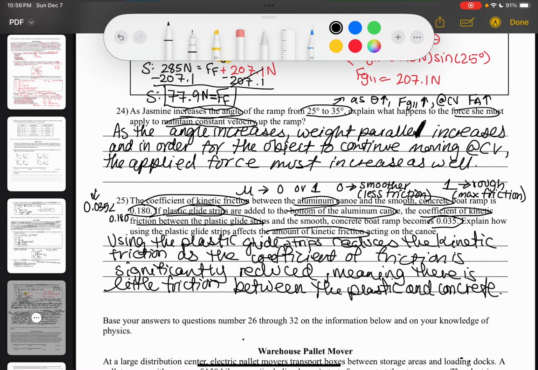Okay, let me read that over. Using the plastic glide strips reduces the kinetic friction as the coefficient of friction is significantly reduced, meaning there's little friction between them. Yep, perfect.